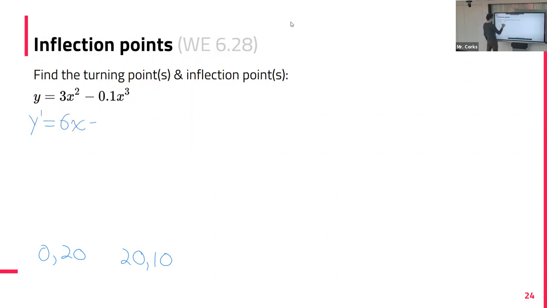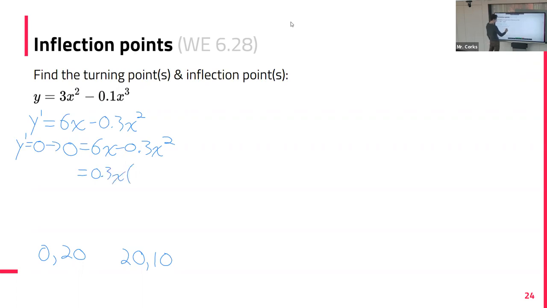6x minus 0.3x squared. That's equal to 0, 6x minus 0.3x squared. And what would we do? 0.3x, okay.